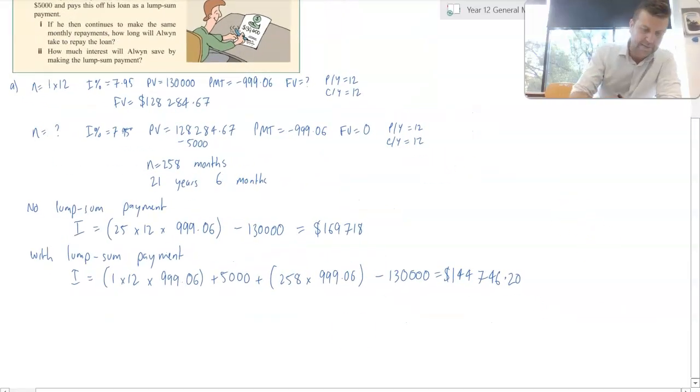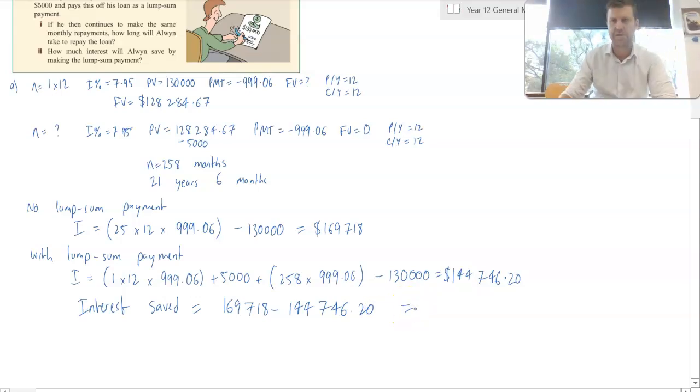And the amount of interest saved would be the difference between those two amounts. So it would be $169,718 minus the $144,746.20. That's how much interest he would save.